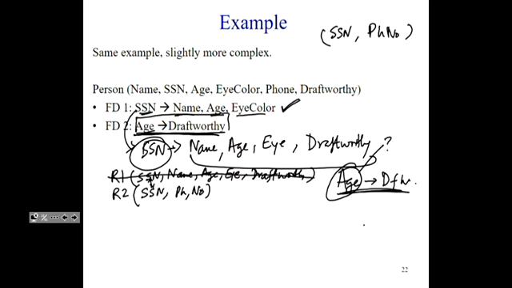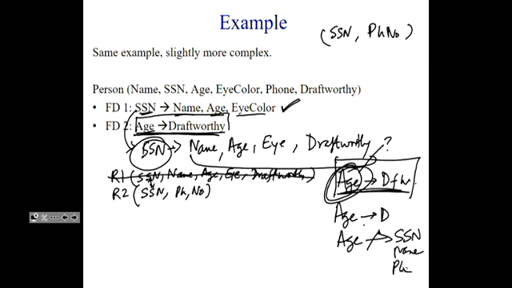Age is not a superkey, because age implies draftworthy, but it does not imply SSN, does not imply name, does not imply phone number. So age is not a superkey, and because of that, this functional dependency violates the BCNF property for this relation. Therefore, we have to break it down further.